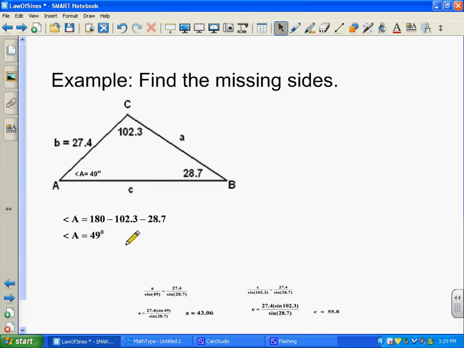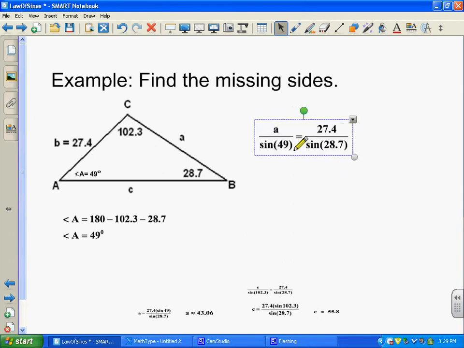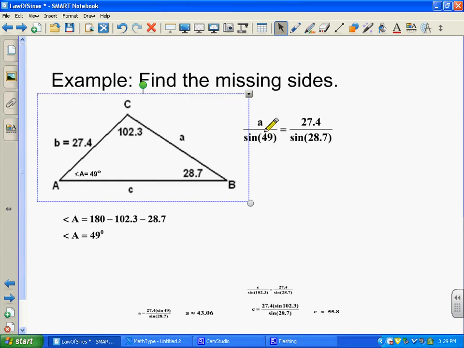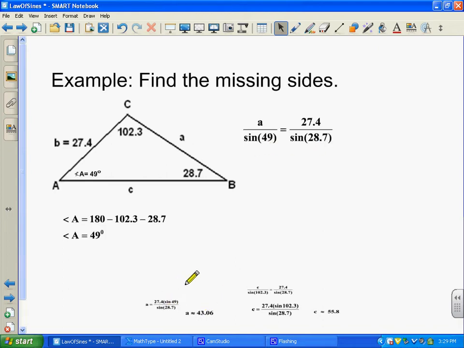Now that we know that, we can use the law of sines to find the measure of side a. We set up the law of sines: side a in the numerator over the sine of angle A, equal to the measure of little b over the sine of angle B. We can multiply both sides by the sine of 49, which gives us an equation in terms of side a.